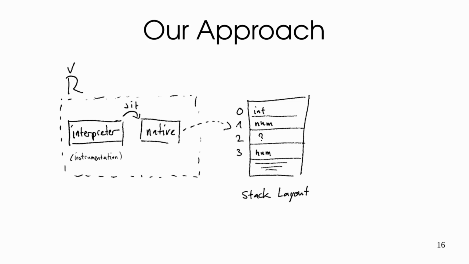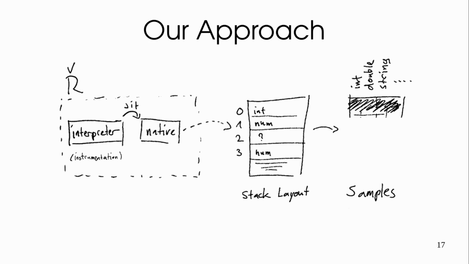Now, equipped with this stack layout, we can use a sampling-based profiler to scan the stack and look what's actually in there when we execute this. So let's look at an example of a run that could happen. For the first stack slot, we're not interested in what's in there.